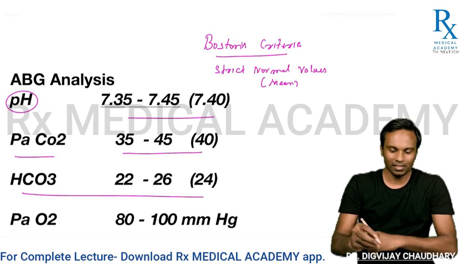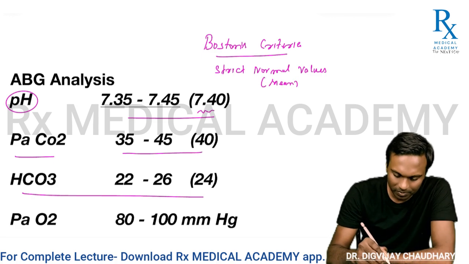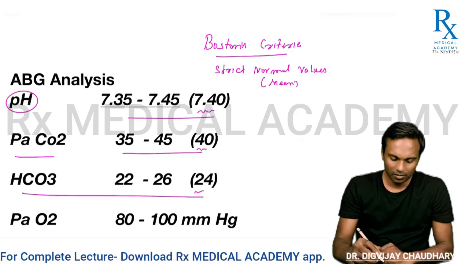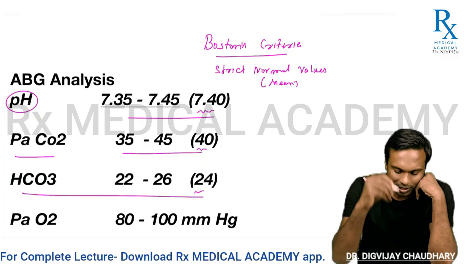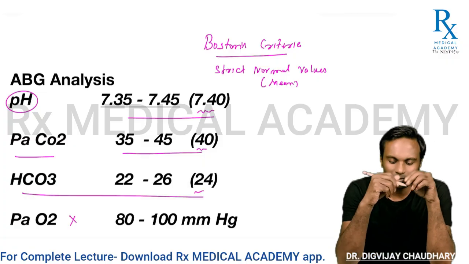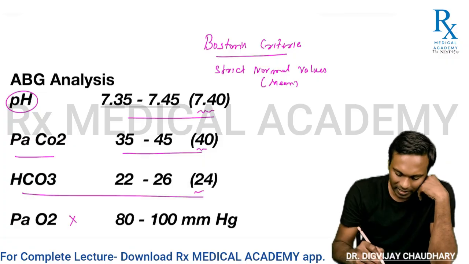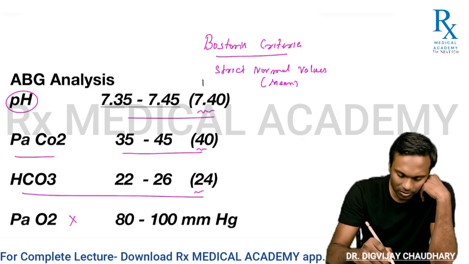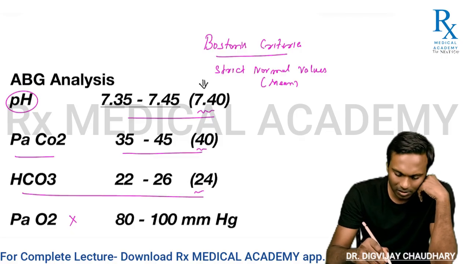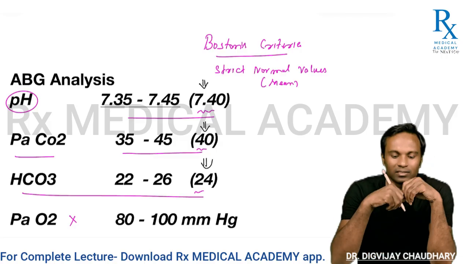So mean pH is 7.40. PaCO₂ is 40. Bicarb is 24. I am neglecting PaO₂. So as per Boston's criteria, we will be taking mean values. This is mean pH. This is mean PaCO₂. This is mean bicarb level.